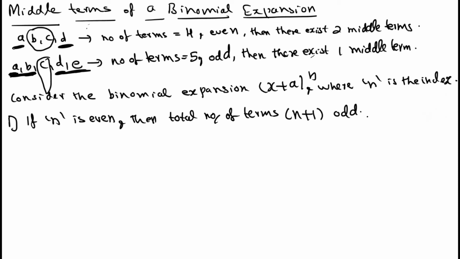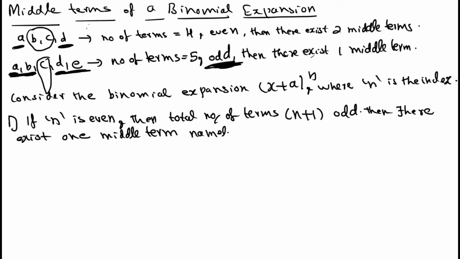If the total number of terms is odd, then there exists how many middle terms? Then there exists one middle term. Namely, which term? See here, with 3 terms, the third term is the middle term.